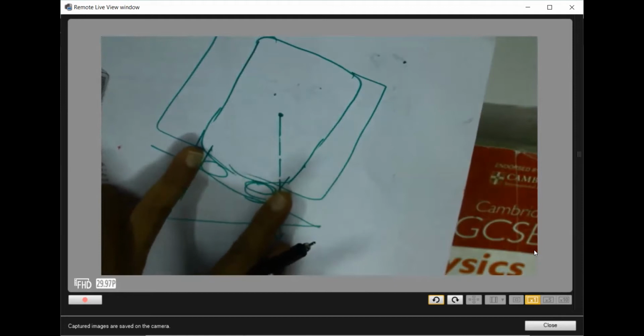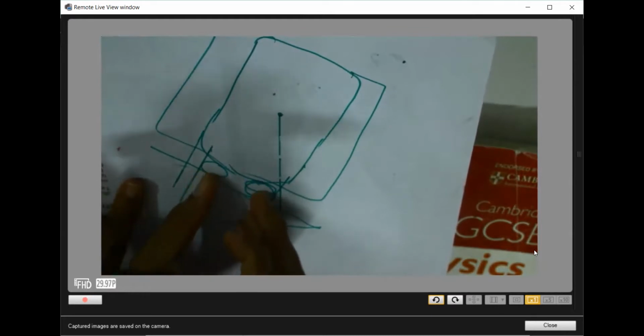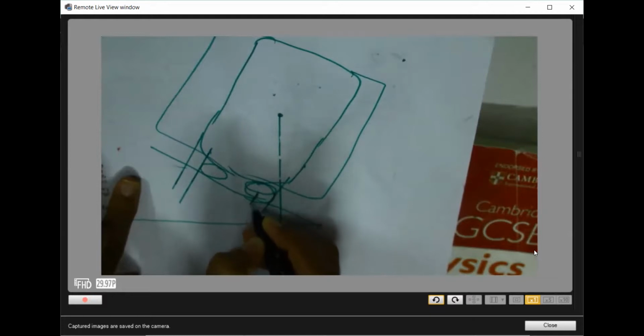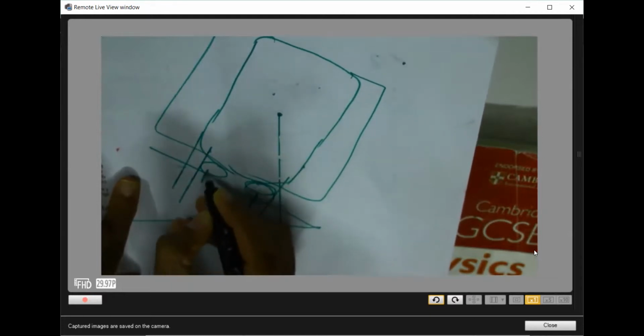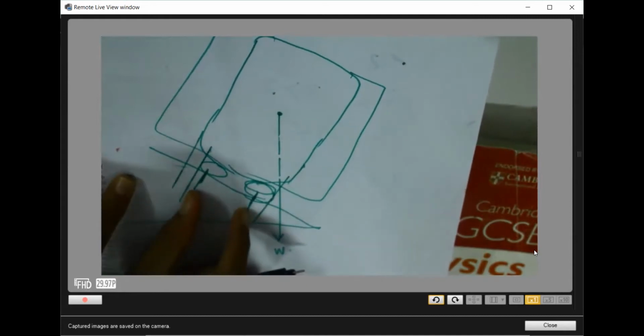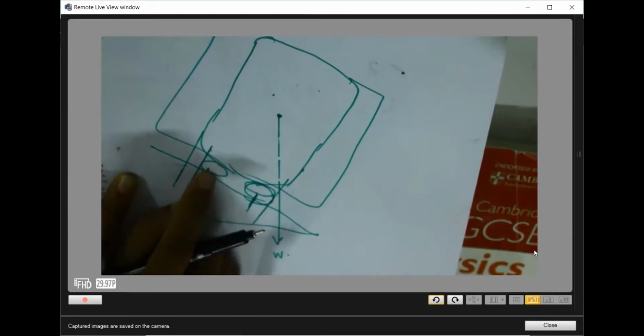How will you decide on the base? The two supporting points on the ground will decide the base. In fact, to be precise, it can even be the touching point. Where you see the contact between the ground and the bus, that is the base.